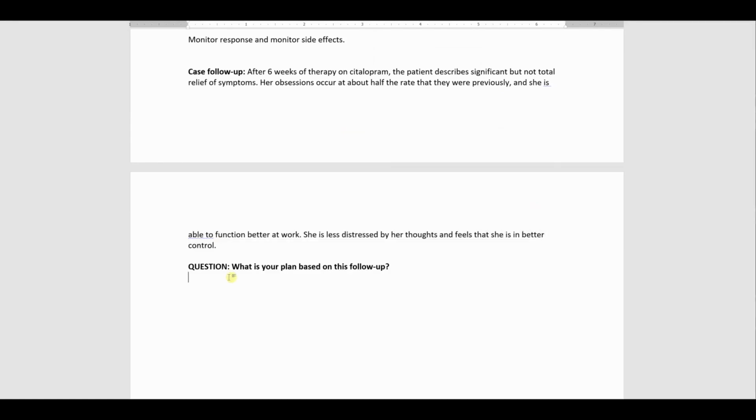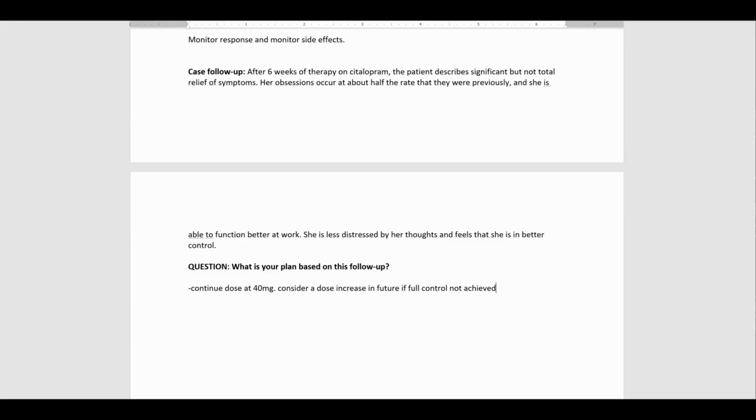So the plan really should be to continue the dose at 40 milligrams. If you had to assume this patient was on omeprazole, I think you would still continue the dose at 40 milligrams and monitor very closely for side effects. For the patient that's not on omeprazole, you might consider a dose increase in future if full control is not achieved.